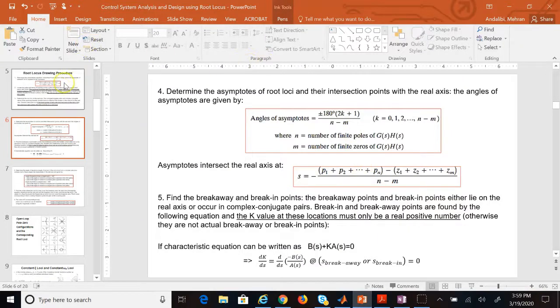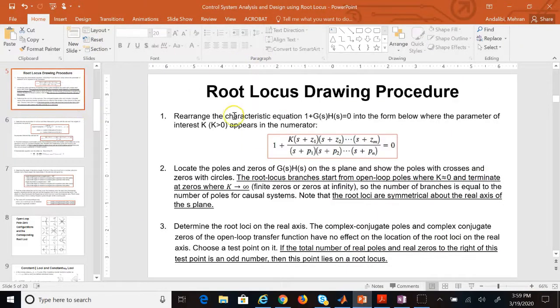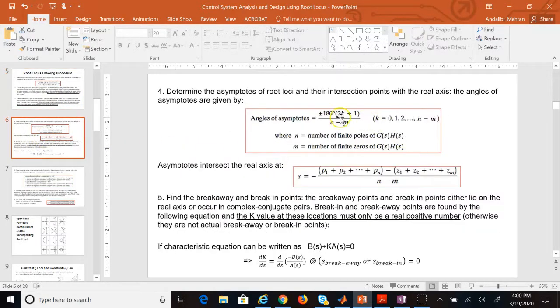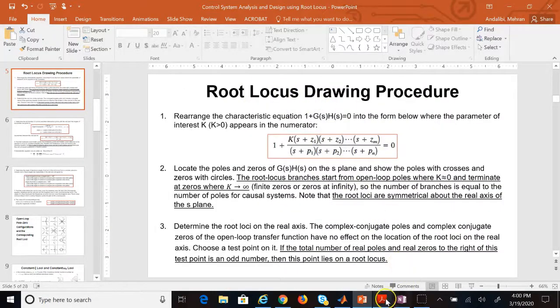In my lectures, I showed the gain that you can tune with capital K, and this k that is simply an integer number with small k. So please note that these are two different things. This k can range only on integer numbers from 0 to n minus m, and that K can be anything that you choose.